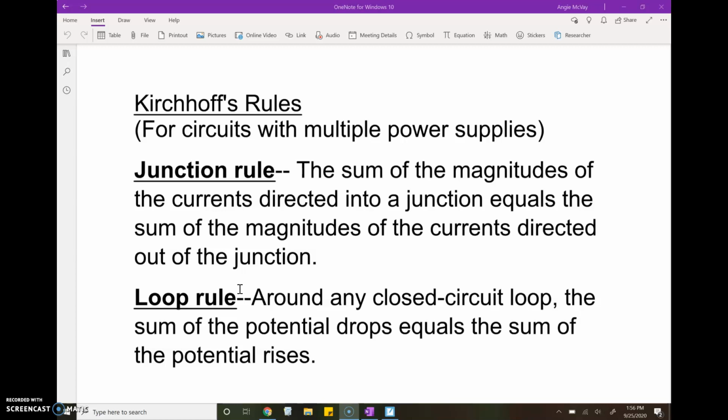There are two rules. One is called the junction rule, and one is called the loop rule, and I'm going to read them, and then I'm going to interpret them.